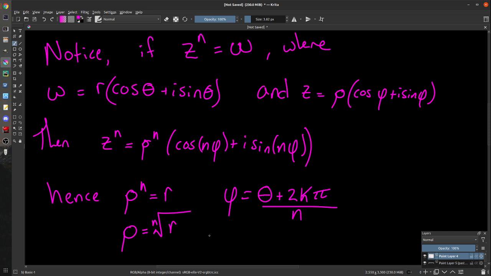We just have to adjust using the nth root. And this is all real numbers right here, so there's nothing special going on.